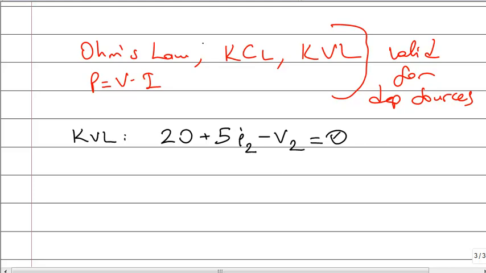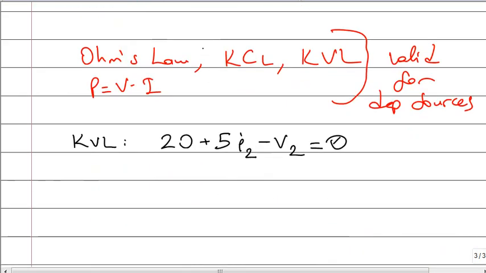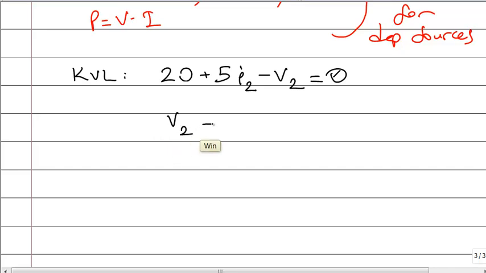I need one more equation. There is a relation between V2 and I2. Can you help me? V2 is equal to, voltage of a resistor is resistance times current.